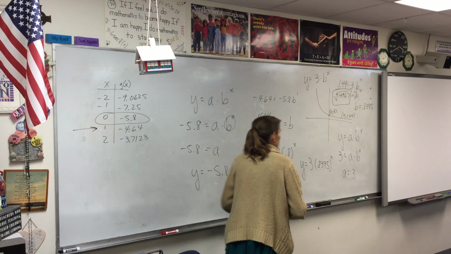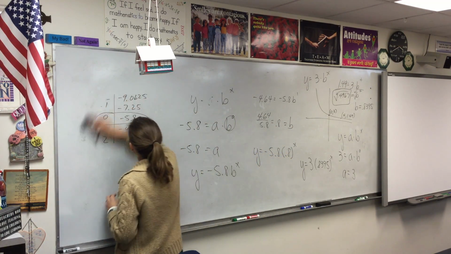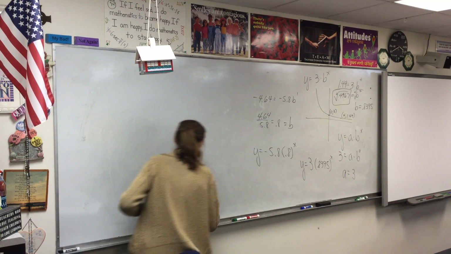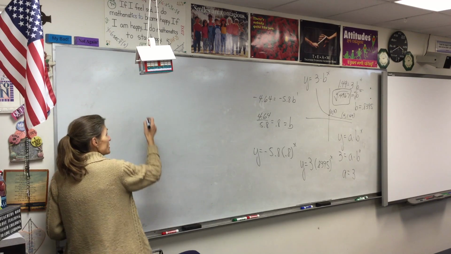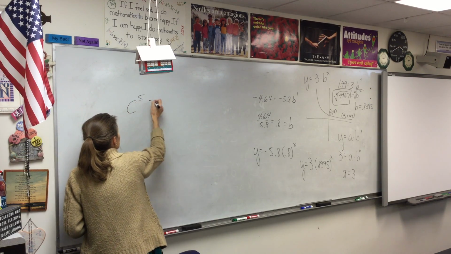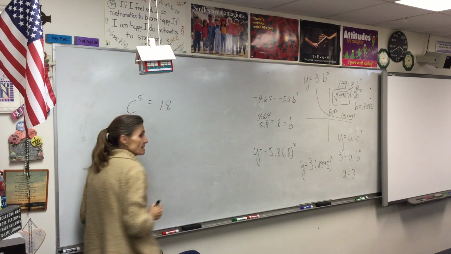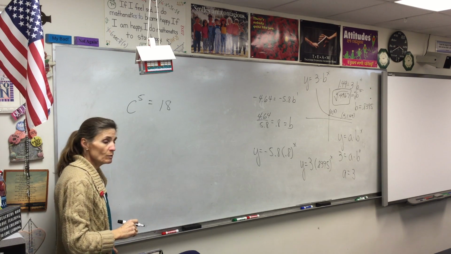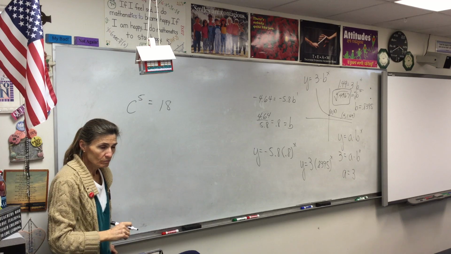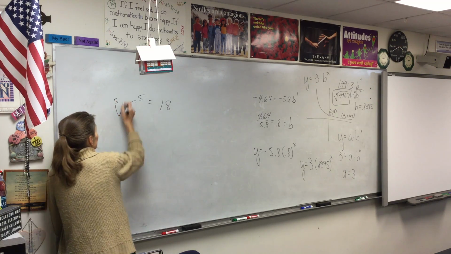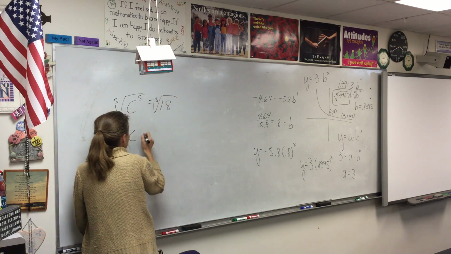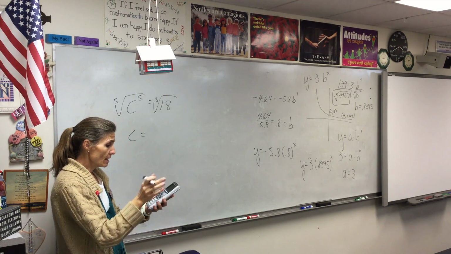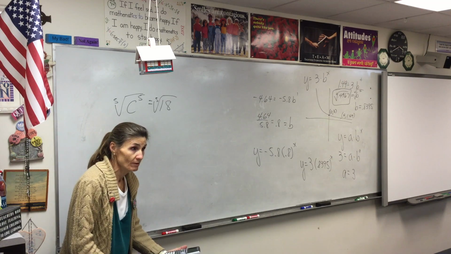Okay, now let's just practice using that button one more time. This is not on the note sheet, but let's practice. Suppose we had the equation c to the 5th equals 18. How would we solve that? What would we have to do? Take the 5th root. To take the 5th root on my calculator, I start by pressing 5.